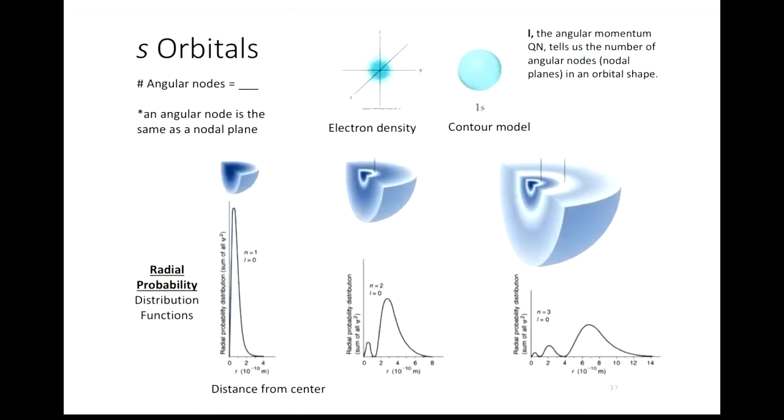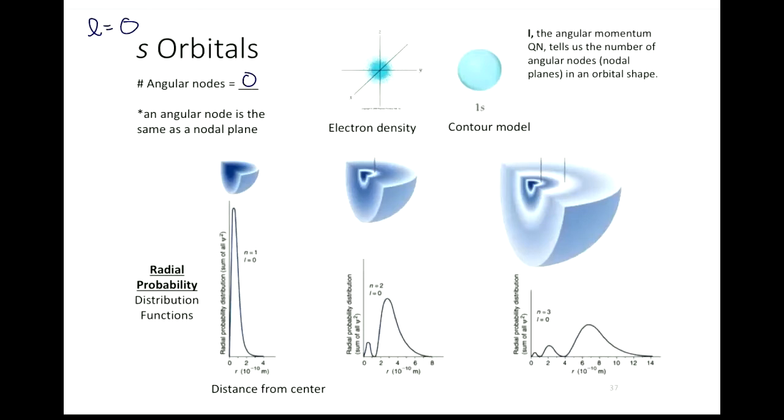So first we'll look at our S orbital and kind of break down the idea of the quantum numbers and what they represent. So S orbitals in general, we get S orbitals when our L quantum number is 0. And so based upon our definition in that previous slide, the number of angular nodes, the number of times you twist the balloon animal, is 0.